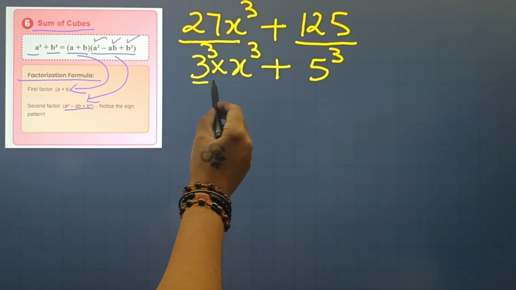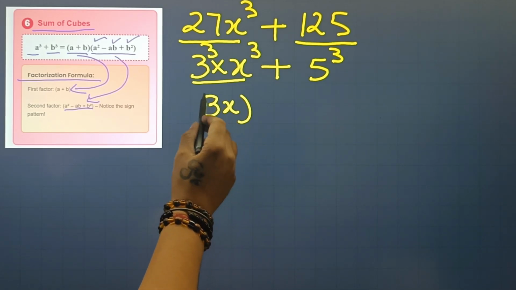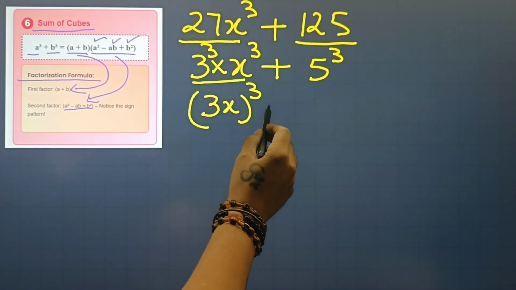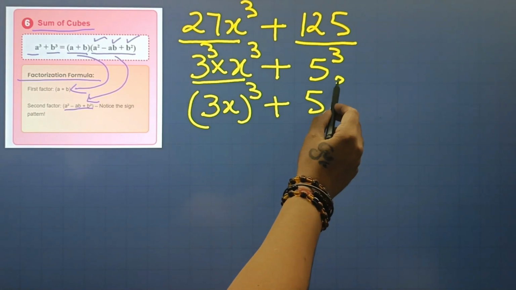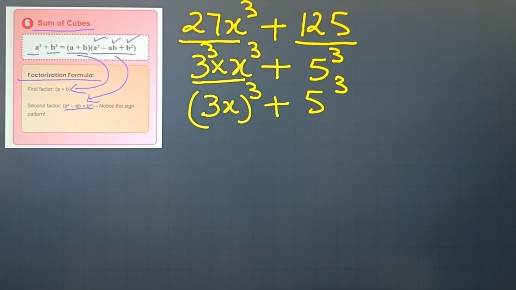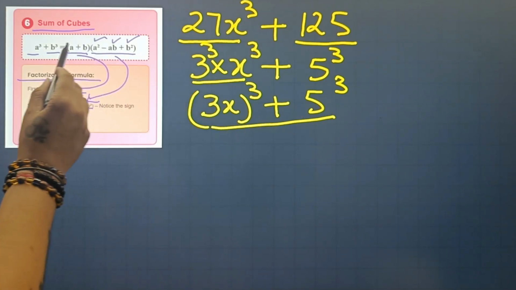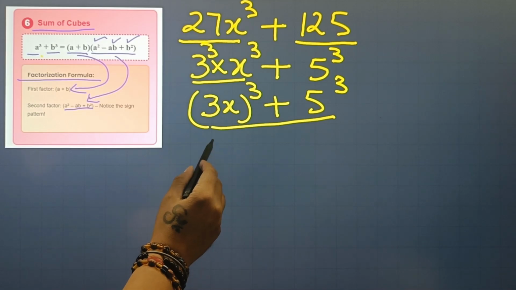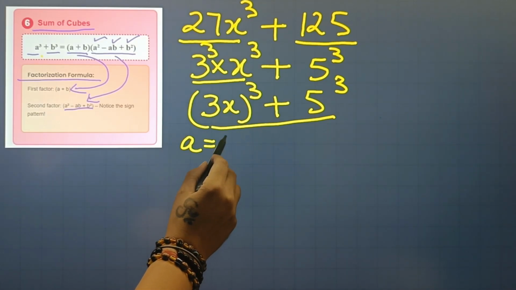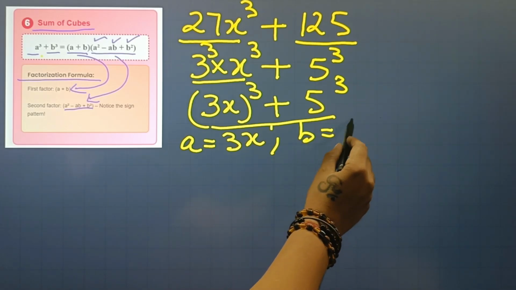Now we can simply write this term as 3 into x whole raised to the power 3 plus 5 raised to the power 3. Now we can easily compare this expression with a cube plus b cube, as we can see that a is our 3x and b becomes 5.